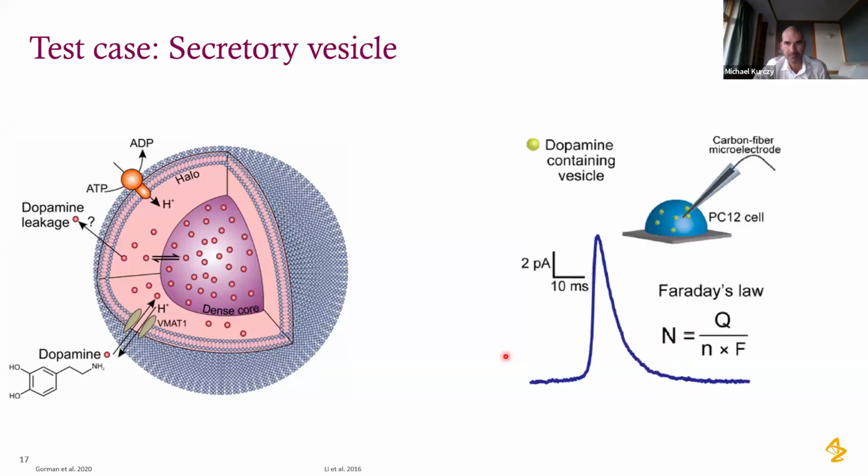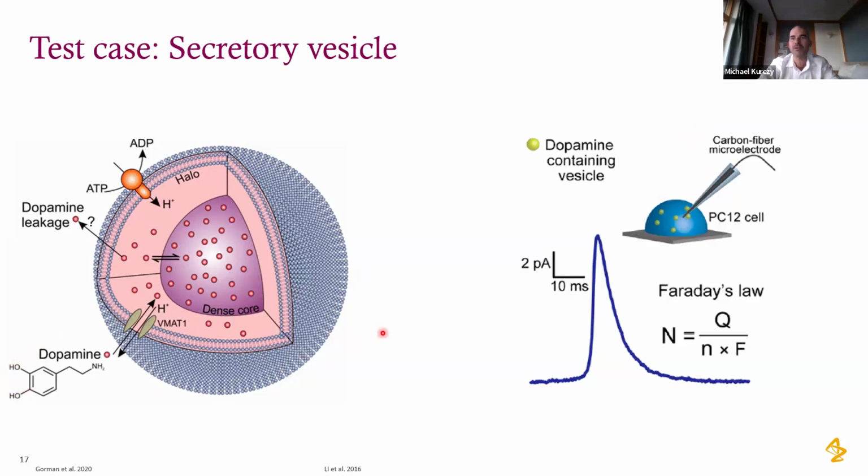And so what they do is they take a carbon fiber microelectrode and they insert it into the cell. And those vesicles, which are these little gold dots, will eventually rupture against that electrode. And when they rupture, you apply a pretty low potential, and you can actually strip the 2 electrons off of this molecule.